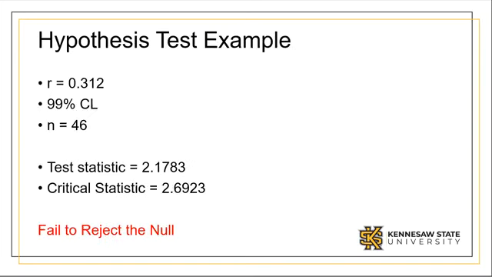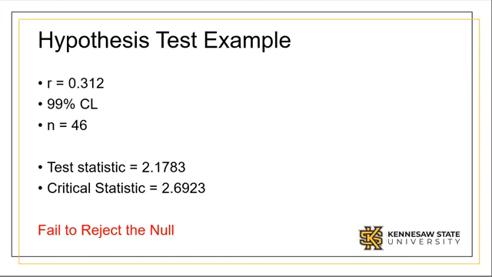For example, suppose we wish to determine if a sample correlation coefficient of 0.312 is statistically significant using 99% confidence level and 46 pairs of data. The test statistic is 2.1783. The critical statistic will be 2.6923.